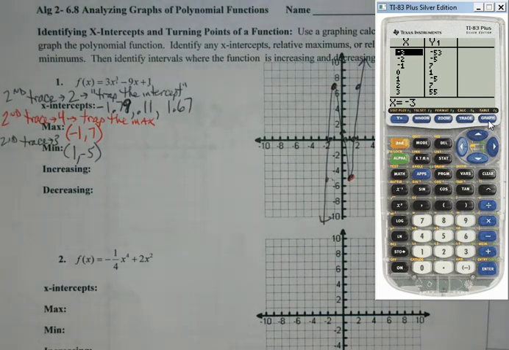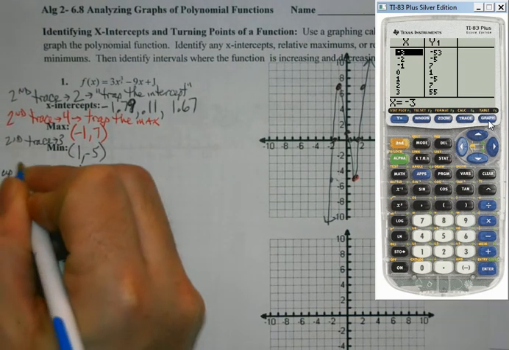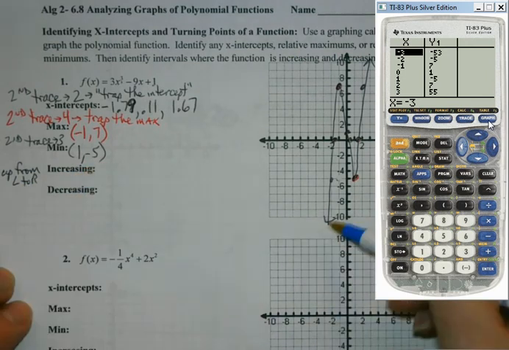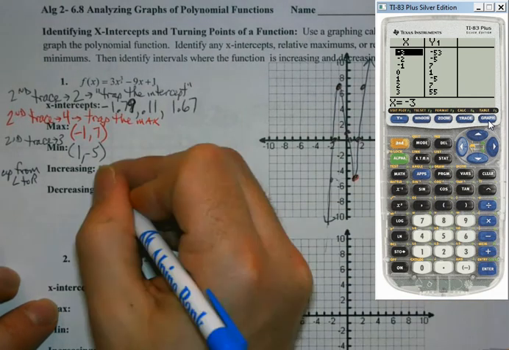So now that I've got this, I can actually answer the last questions on my own here. So increasing. Where is the graph going up from left to right? Okay, looks like it's coming up till it gets to here, right? So where am I starting from? -infinity.